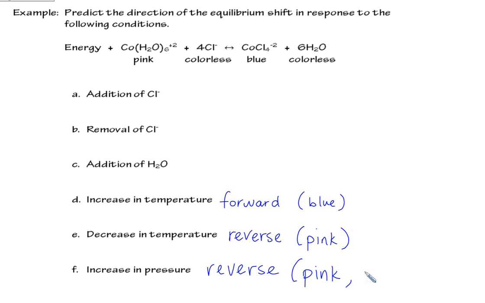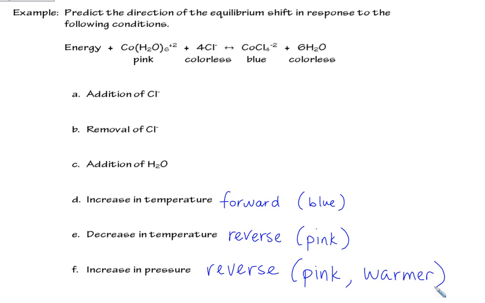It should get warmer. If you feel the outside of your test tube or your beaker, if you're shifting toward energy, that's the exothermic direction. You should feel that energy released. If I'm shifting more forward, I'm shifting in the endothermic reaction. I might feel the outside of my beaker or test tube be a little bit cooler.